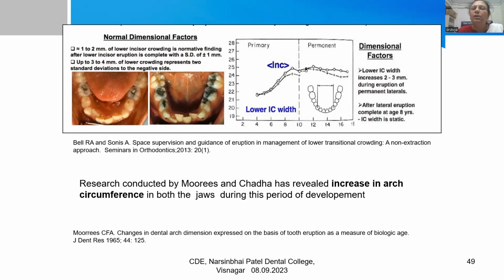It has been followed by many researchers which also have similar findings. I asked many people when intercanine width increases; they say at the time of permanent canine. No, it is at the first incisor exchange. Whenever it is taking place, it increases, and the permanent canine follows that path. Although exceptions are there, in general, in 80 to 85% of cases it happens.